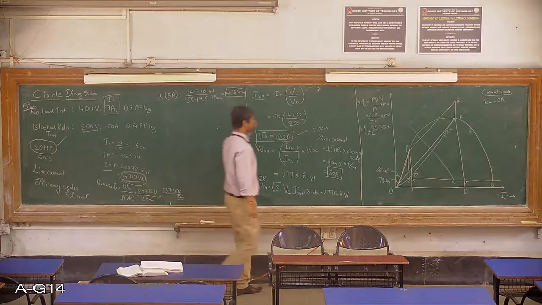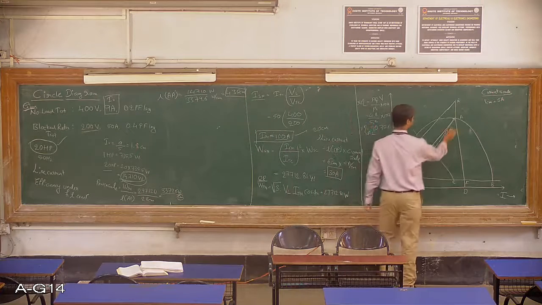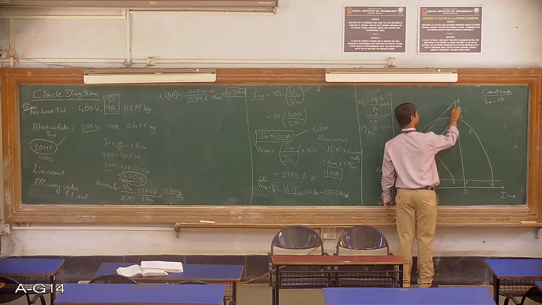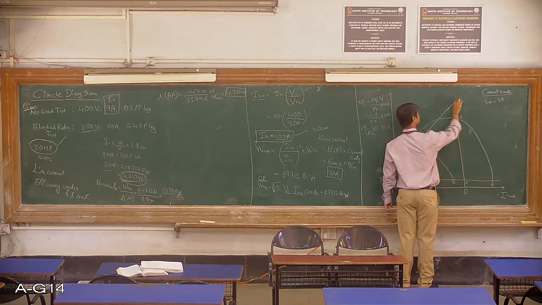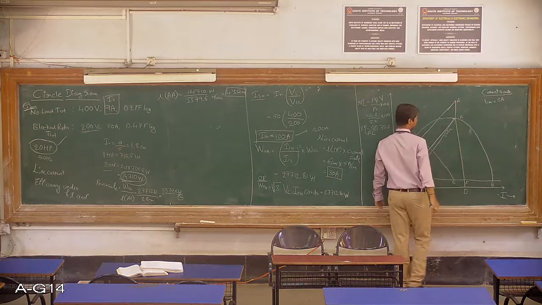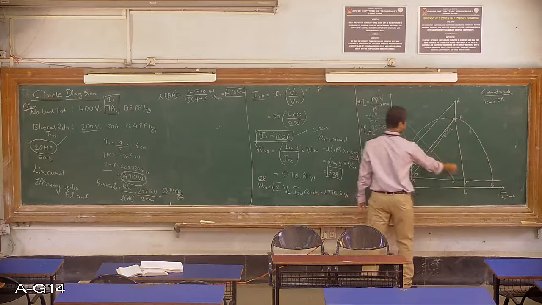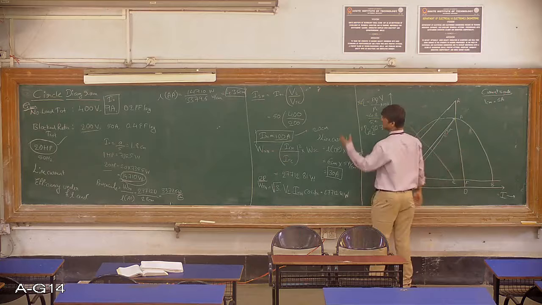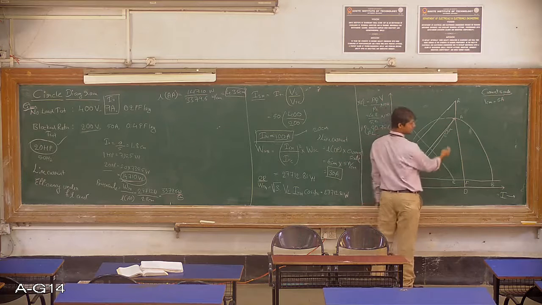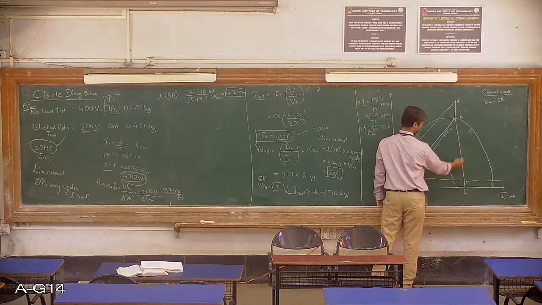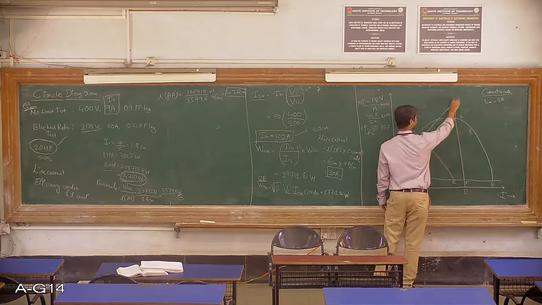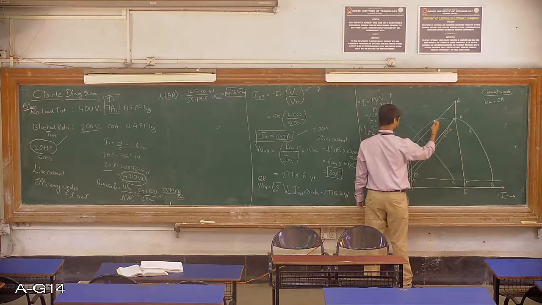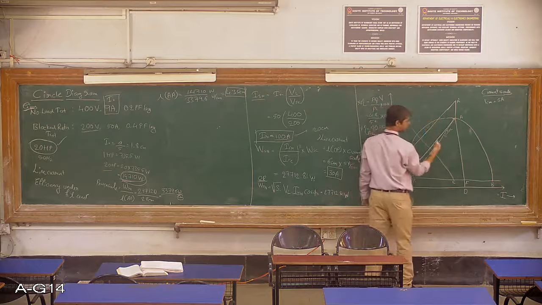Now for the length of 4.35 centimeters, you extend the line from the point A and name this point as A dash. This is the line which indicates the full load condition of the motor for a 20 HP motor. But here this point is not on the semicircle, so we cannot determine all those parameters.